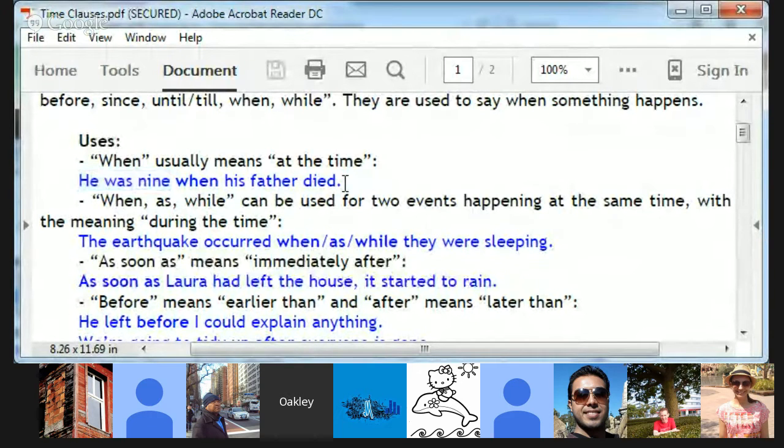And then notice his father died. That could also be an independent clause. We make it a dependent clause by prefacing it, putting a subordinating conjunction in front. So there you go, very basic. He was 9 when, or at the time his father died.